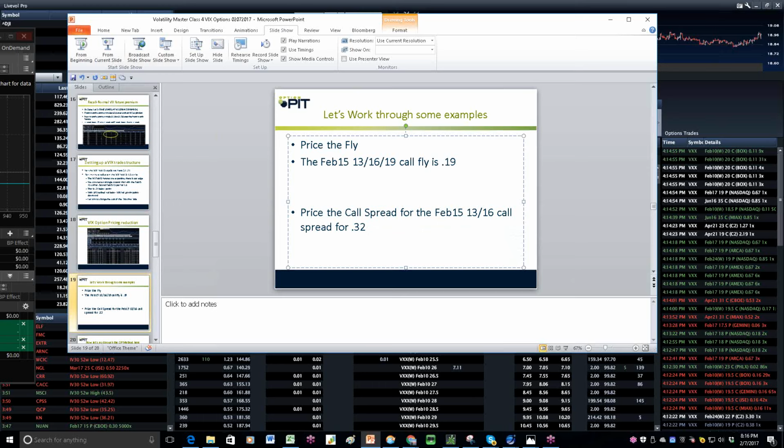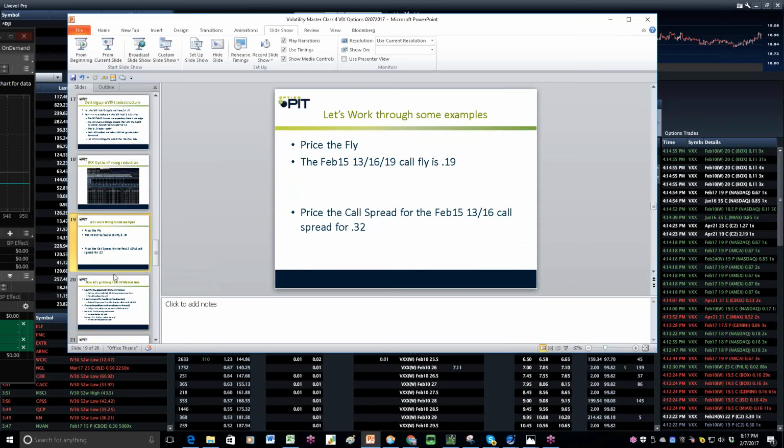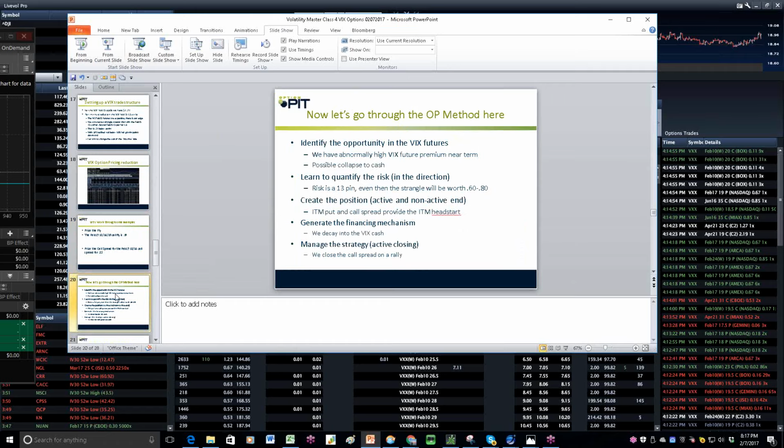But you see how I'm trying to identify the edge of our trade? I'm basically just saying the potential move for VIX is more than they're pricing the strangle. I want that. If the potential move for VIX is much less than they're pricing the strangle, I don't want that. I'm not trying to make it super difficult.